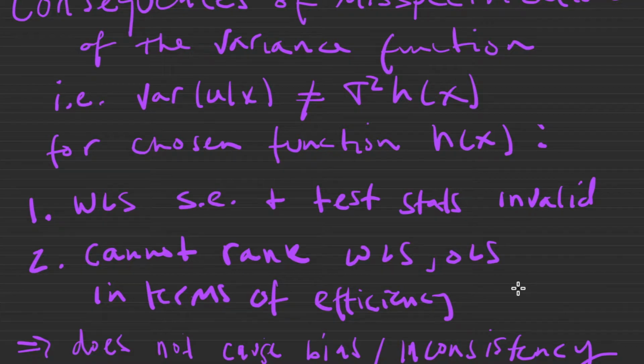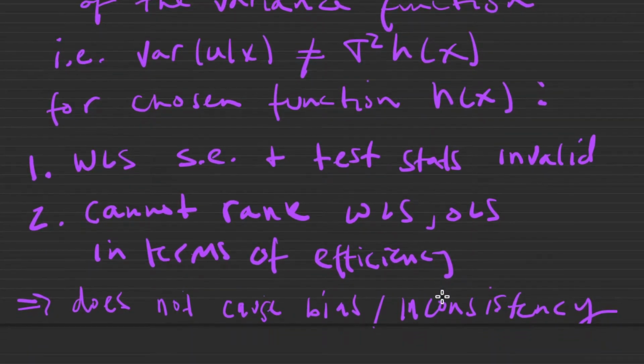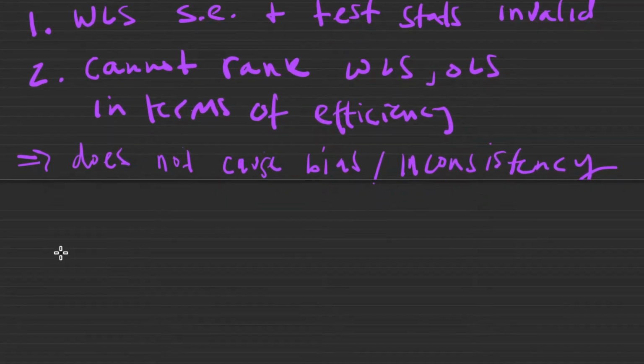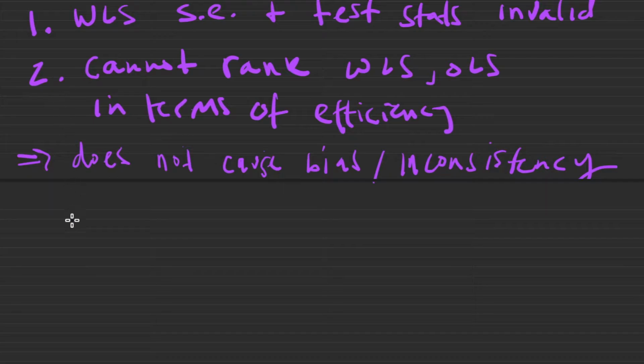of efficiency. It's important to keep in mind that misspecification in the variance function does not cause bias or inconsistency. I want to comment first on the last one, and then let's talk about the two consequences in detail.